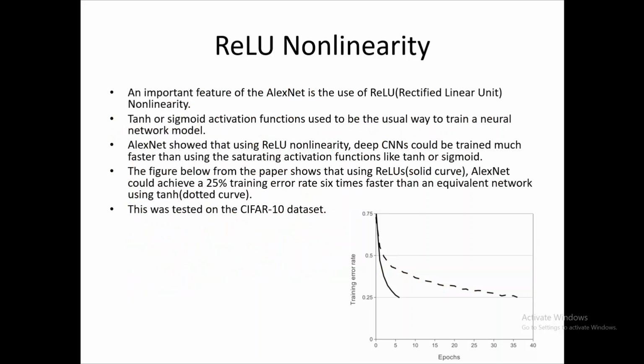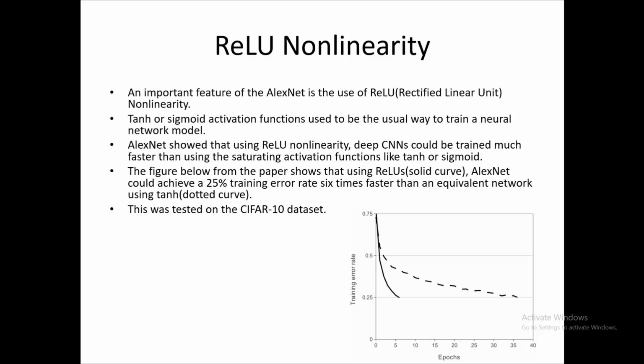Another feature of AlexNet is the use of ReLU. As we have discussed about ReLU in our previous classes, tanh or sigmoid activation functions used to be the usual way to train neural network models. But AlexNet showed that using ReLU non-linearity, deep CNNs could be trained much faster than using activations like tanh or sigmoid.